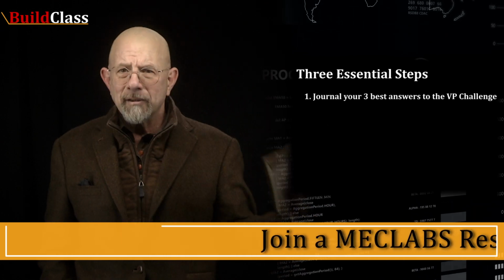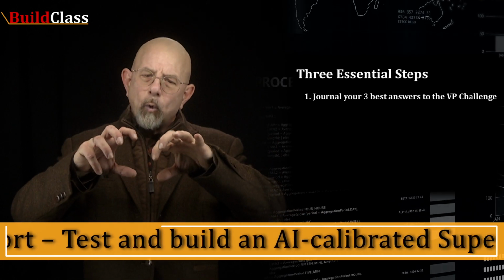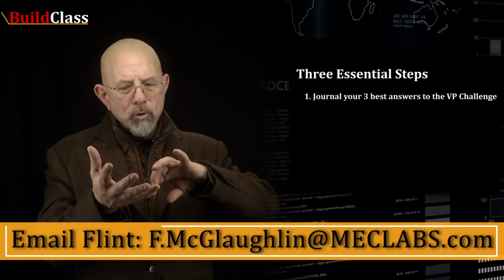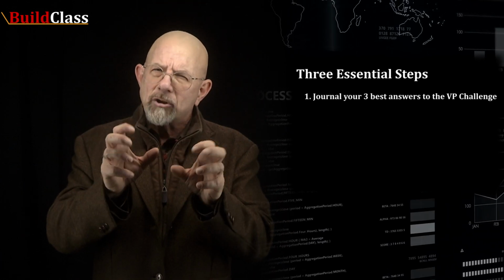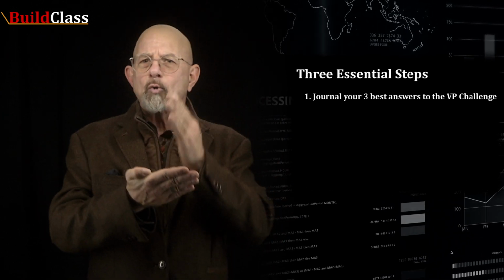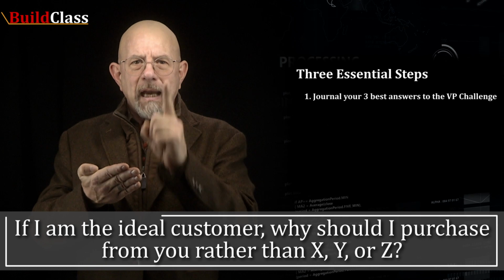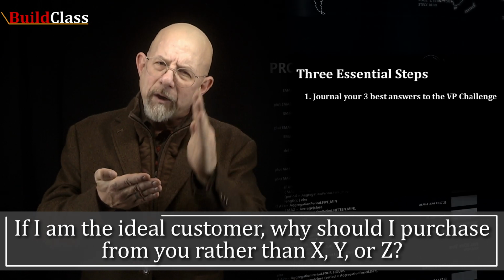Now, in my last session, I talked about the importance of a journal. We need to combine old school thinking, what we do best, with new school opportunities in technology, what AI can do better. The right combination produces an amazing output. And right now, you should take your journal and write at the top, if I am the ideal customer, why should I purchase from you rather than X, Y, or Z?